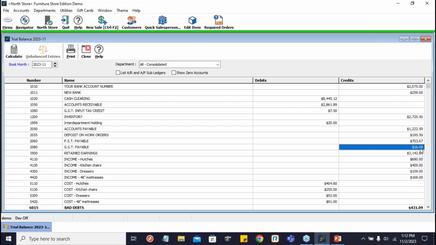So that would be, sorry, $8.50 that we need to submit to the Canada Customs and Revenue Agency, because we have collected more than we paid.